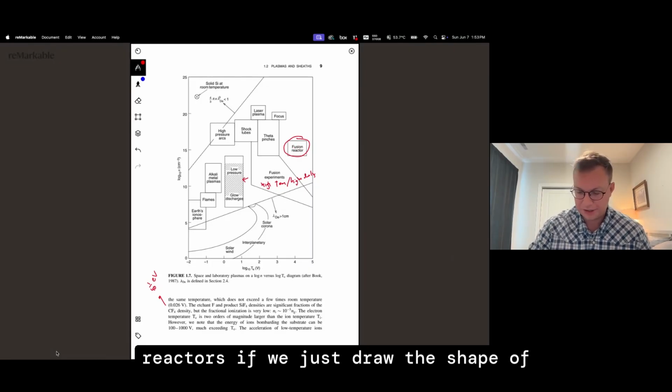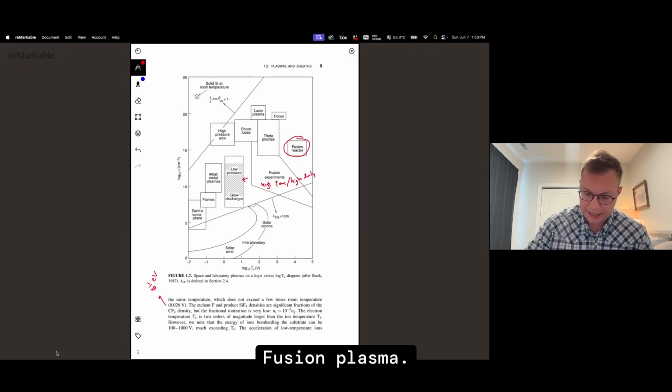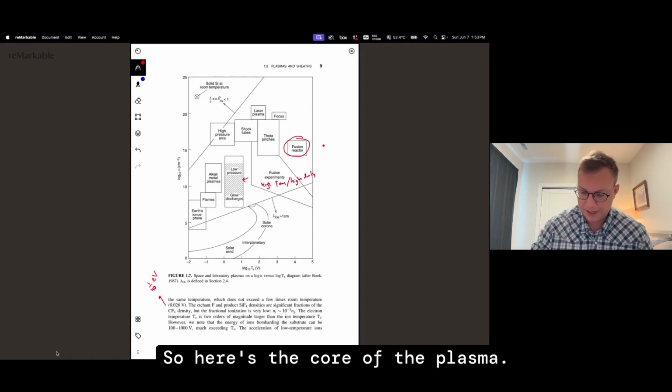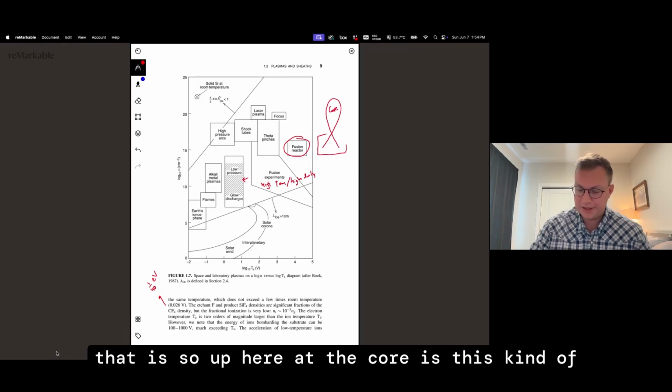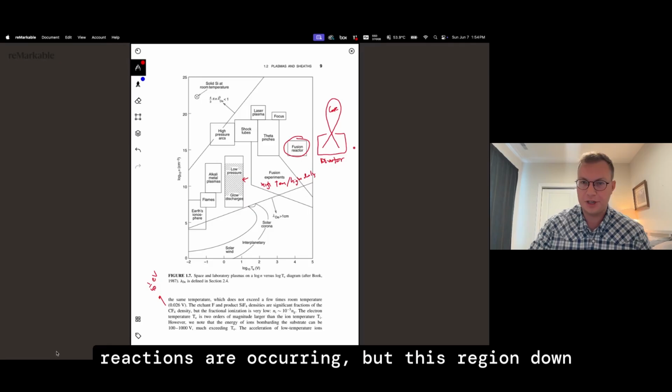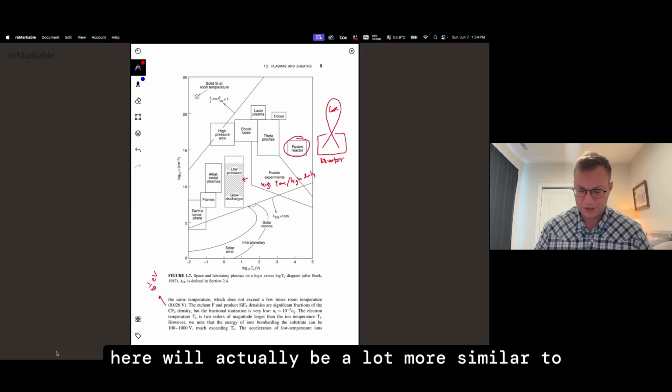So if we just draw the shape of a fusion plasma, here's the core of the plasma. Fusion plasmas will generally have a region called the divertor. Up here, the core is this high temperature, high density region where fusion reactions are occurring. But this region down here will actually be a lot more similar to these discharges.